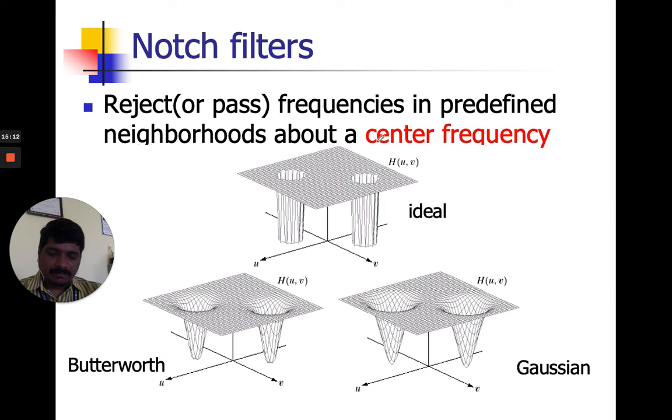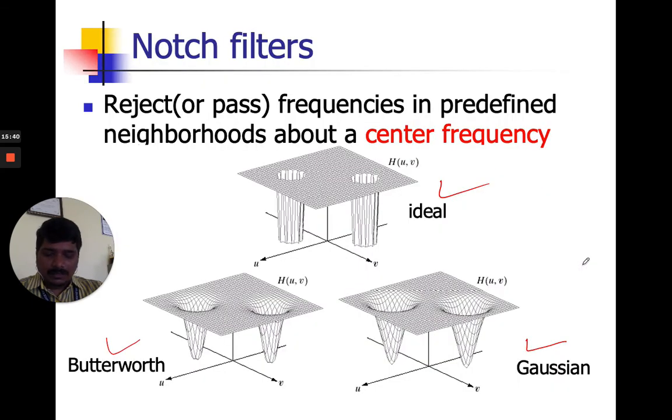Once again, I'll repeat: a notch filter rejects or passes frequencies in a predefined neighborhood about a center frequency. It is further divided into three types: ideal notch filter, Butterworth notch filter, and Gaussian notch filter.